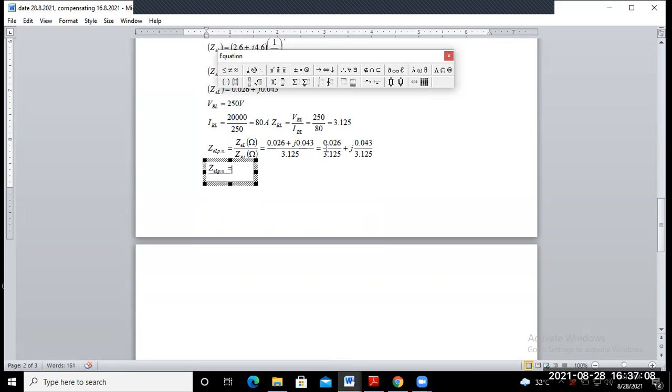If you solve this equation, you will get almost equal to 0.00832 plus j, this one just divide by 3.125, so we will get almost equal to 0.043 divided by 3.125.